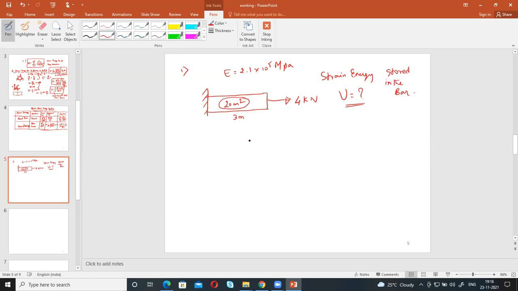What is F? F is 4. What is L? 3. What is A? 20. ಒಂದೇ ಒಂದು ಲಾಜಿಕ್ ಇಲ್ಲಿ ಏನ್ ಮಾಡ್ತೀರಾ ನೋಡಿ ನಂಗೆ ಹೇಳಿ.